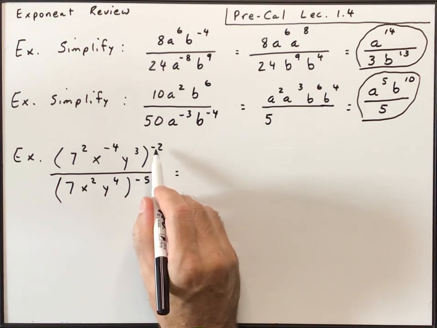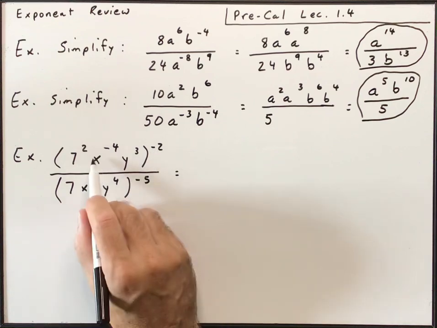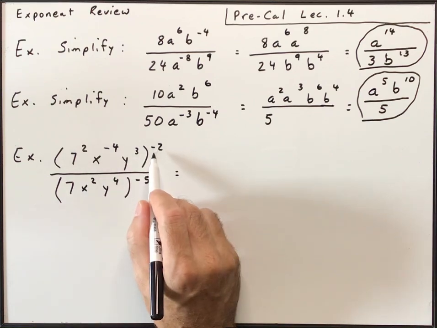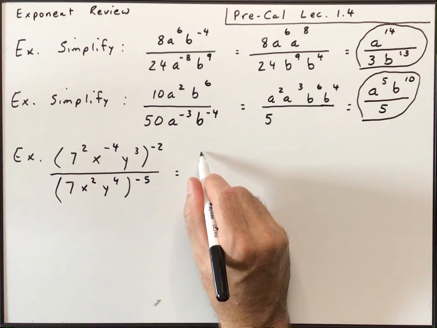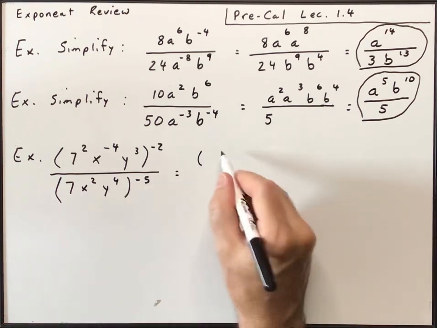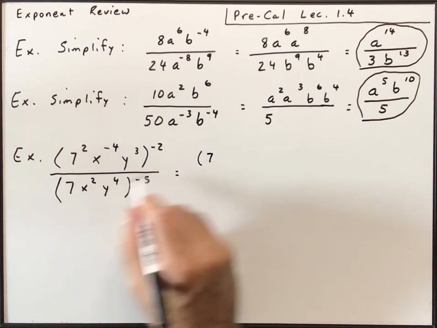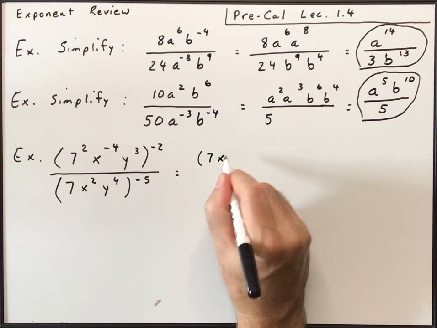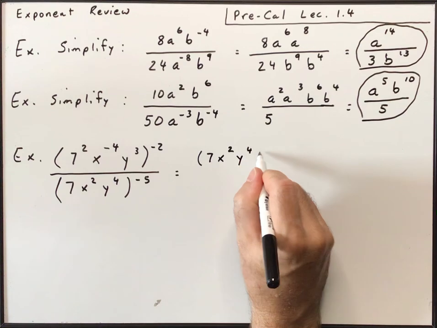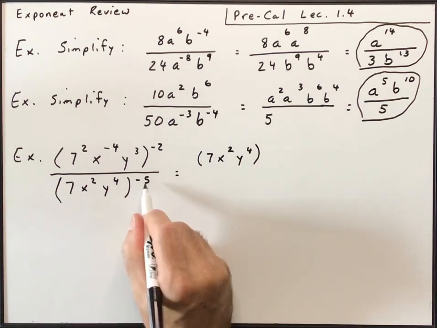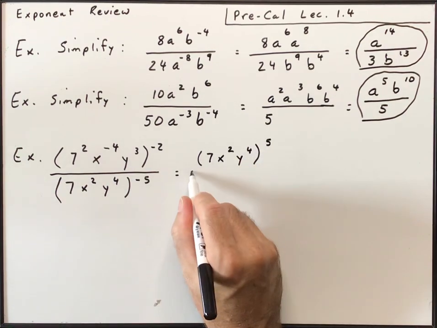You can go ahead and raise them to the powers through multiplication and then move back and forth. I think the easier thing to do is take this entire parenthesis, rewrite it. Now, what's in the parenthesis, you do not change the exponent sign. So I'm taking the bottom, rewriting it, but I'm making it to the positive 5.